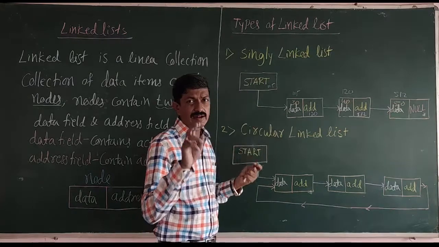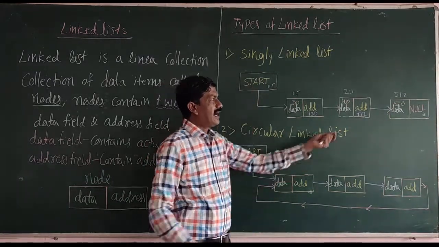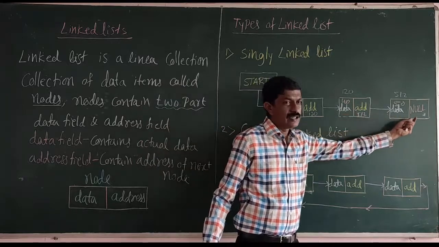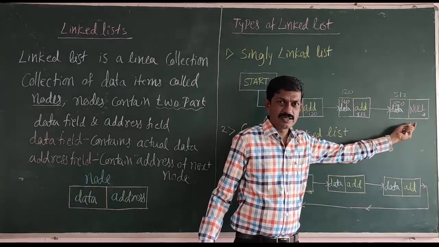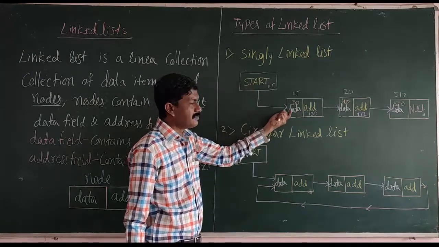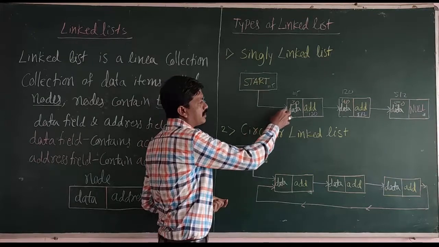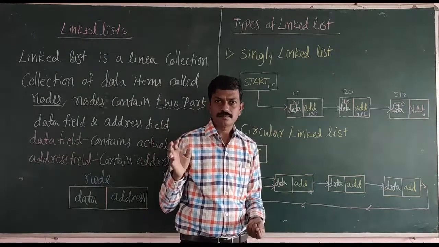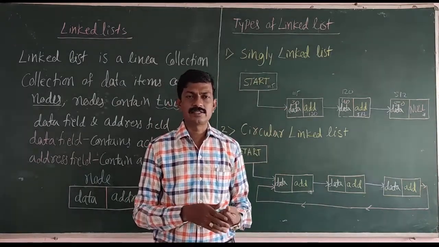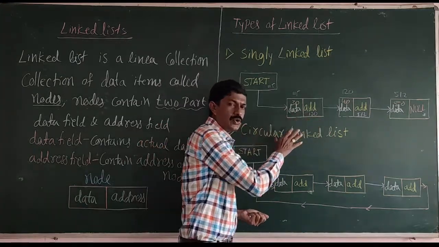Within this, we have two more important points: the start pointer and the address field of the last node. I told you a linked list is a linear collection of data items called nodes.